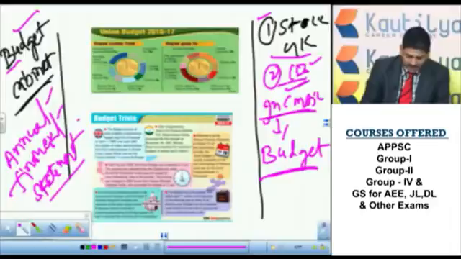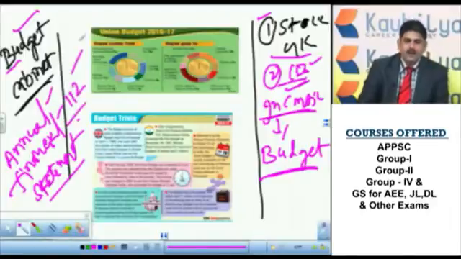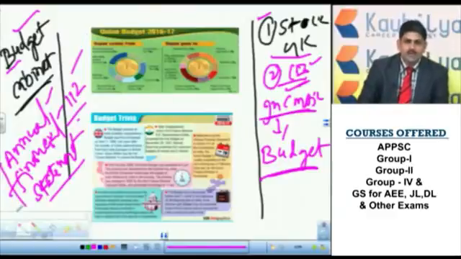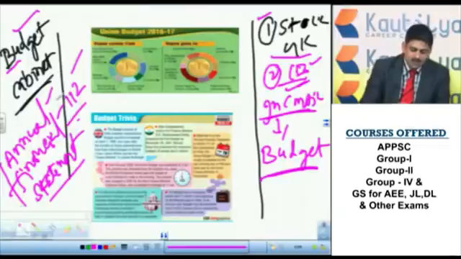What is the relevant article? The relevant article is 112. According to Article 112, the Union government presents the annual financial statement to the Lok Sabha every year. This is one stock GK which you have to remember.